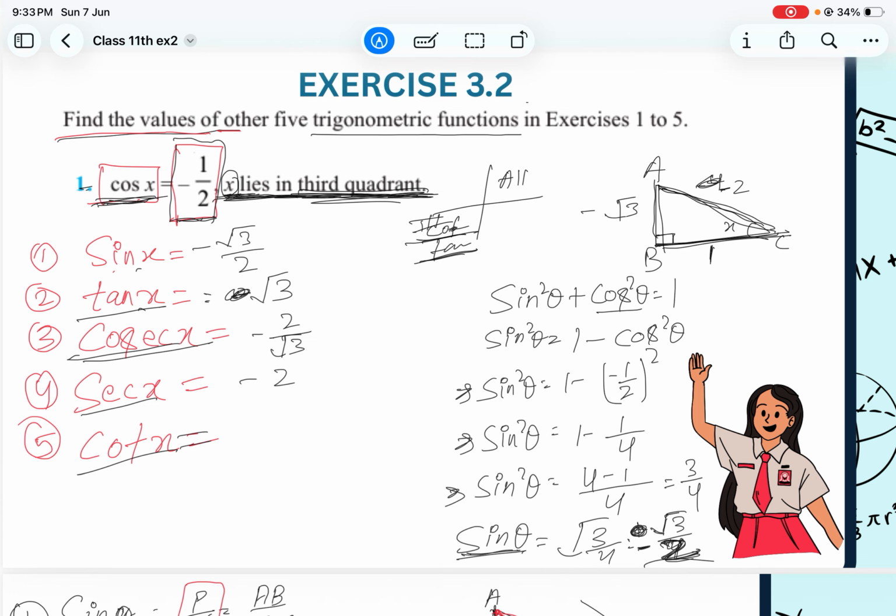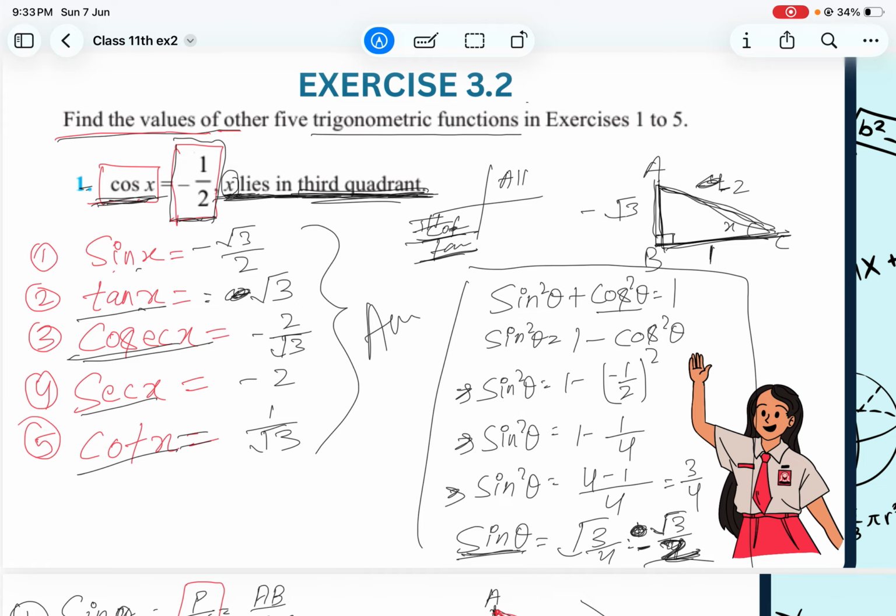So we will only write BC by AB, that is 1 by root 3. So this is our answer, and this is the way to find all the functions on the basis of AB, BC and AC. Okay, done.